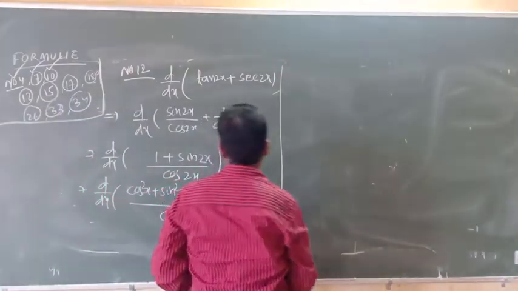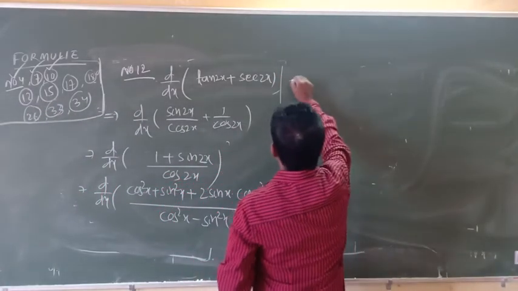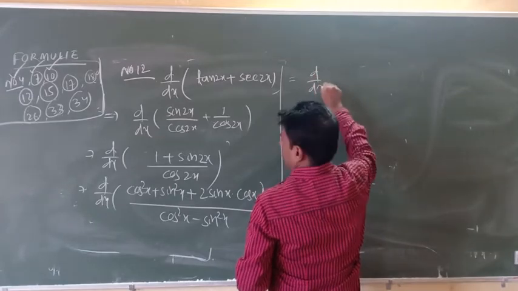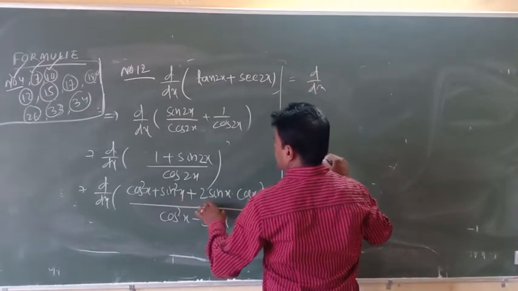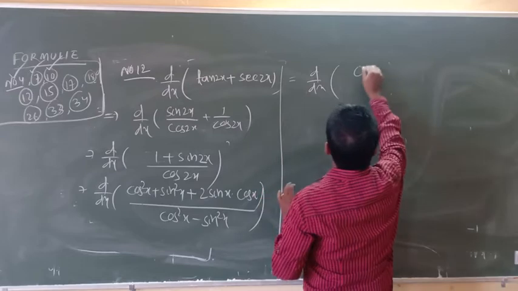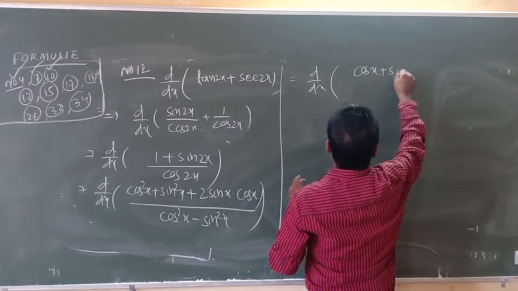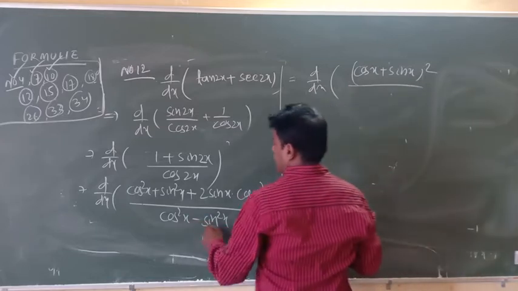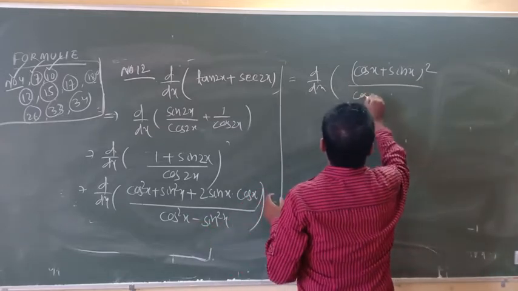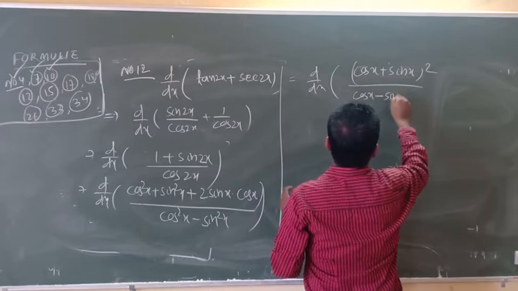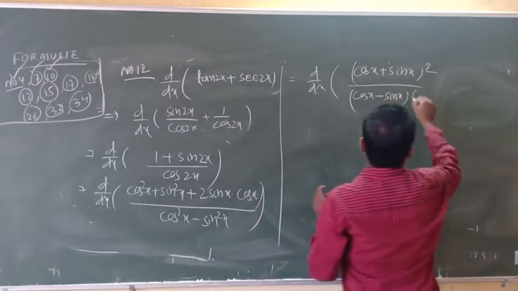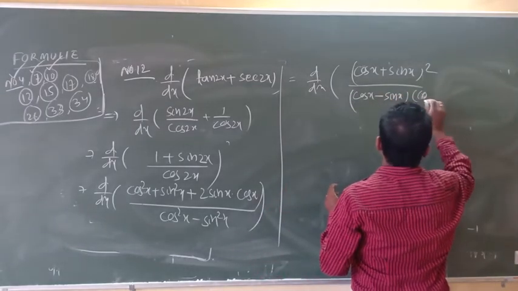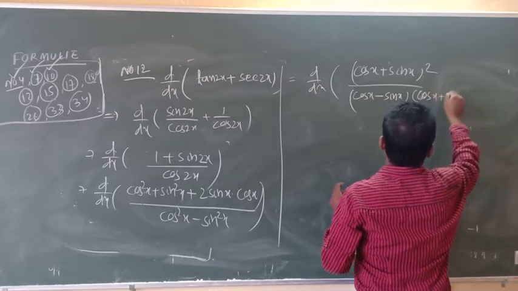Now that becomes d by dx of (cos square x plus sin square x plus 2 sin x into cos x), which is the same as (cos x plus sin x) whole square. But here cos square x minus sin square x is equal to (cos x minus sin x) whole into (cos x plus sin x).